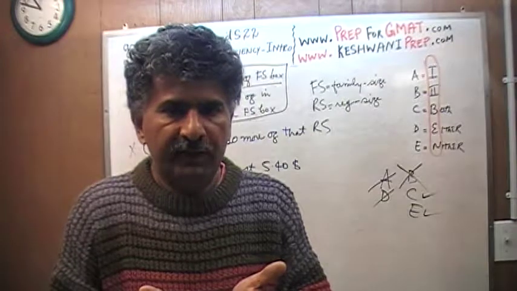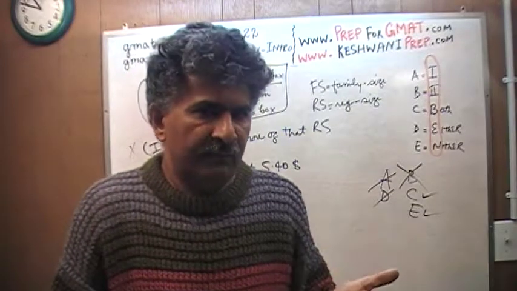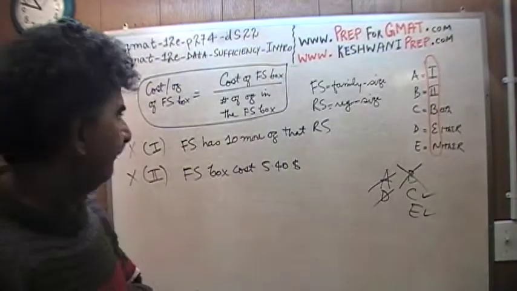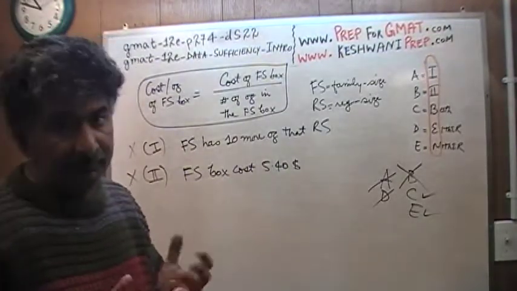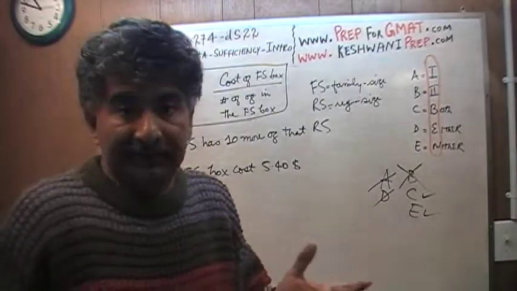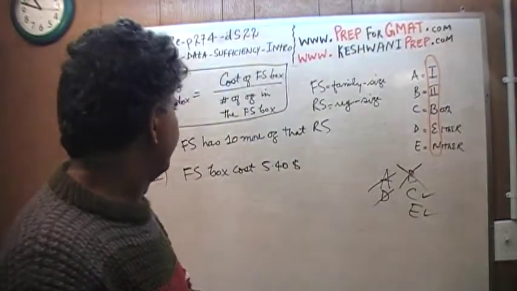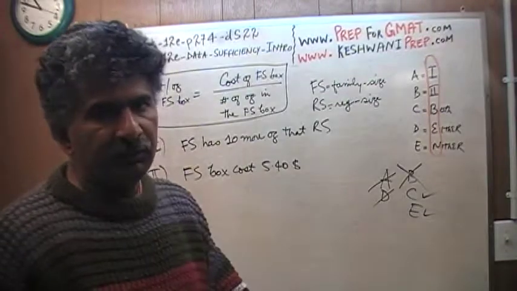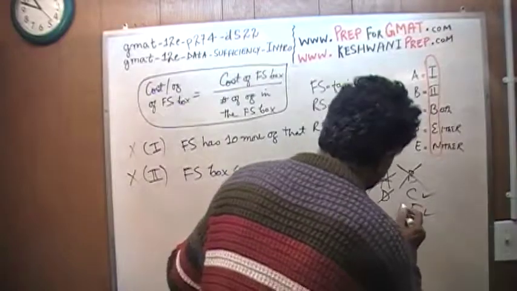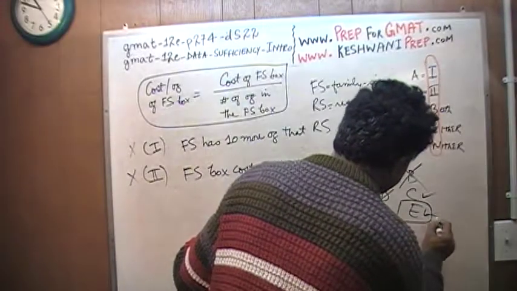All it tells us is that it has 10 more ounces than a regular size box. Well, big deal. Some deal. So putting the two statements together also does not help.